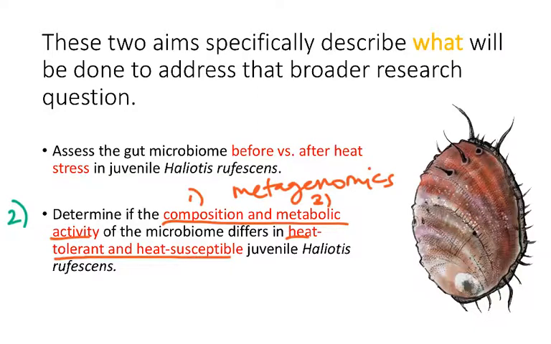So in this second aim, we're giving, again, specifics about what we're going to be doing in our study to address that broader research question. Here, those specifics are we're going to compare individuals that live versus individuals that die. And for the gut microbiome of each of those two categories of individuals, we're going to look at both what type of bacteria are there and what those bacteria are doing.